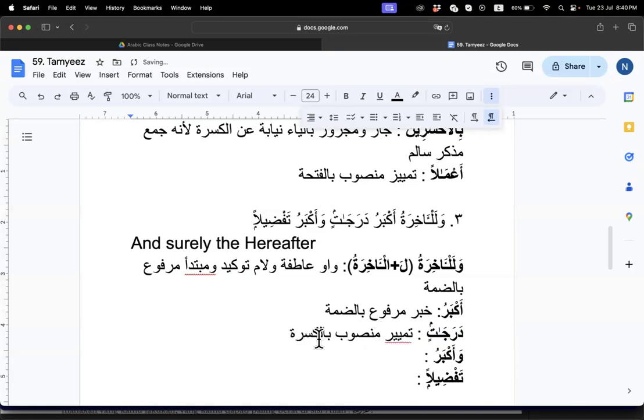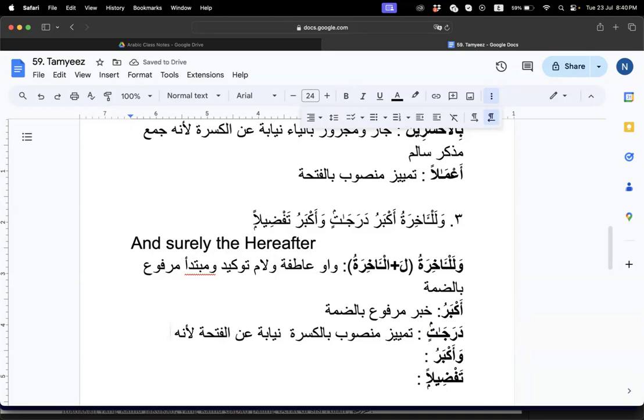It's not the default sign, so we say what, Brother Azizi? Mansub bil alif? Not bil alif, it's bil kasrah. So it's not the default sign. So we say niabatan anil fathah. Why? Li'annahu what kind of word?